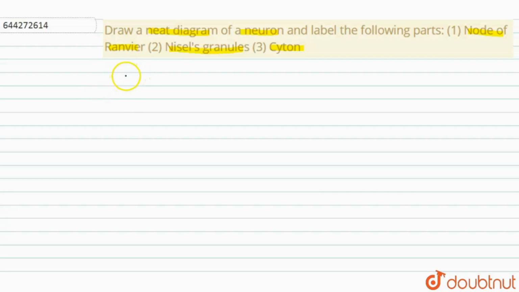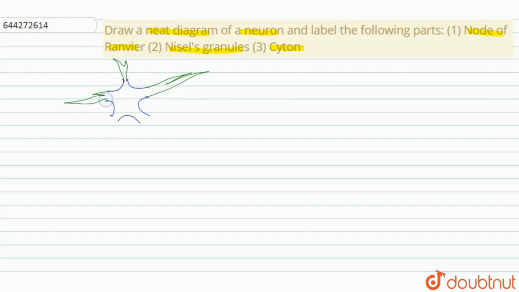Now when I look at the structure of a neuron, first of all, the structure starts with a star-like structure like this, and this is called a cyton. From the cyton, we have many finger-like fibers originating from the cell body of a neuron.